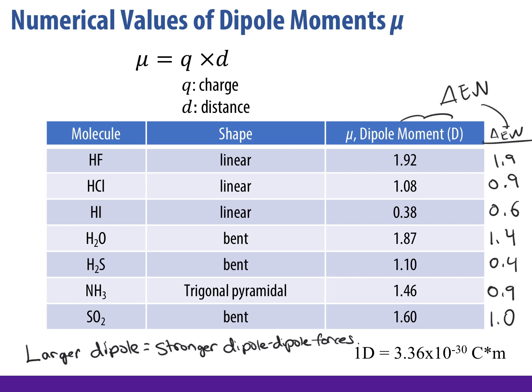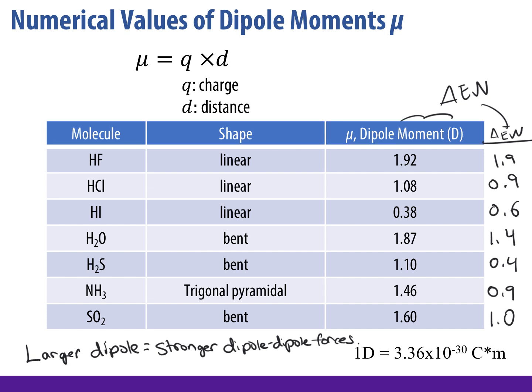Here are some examples of dipole moments of different molecules. Dipole moment, the definition is charge times distance, so the size of the partial positive and partial negative charge, times the distance separating the partial positive and partial negative. The dipole moments typically are between 0 and 2 roughly for common molecules.